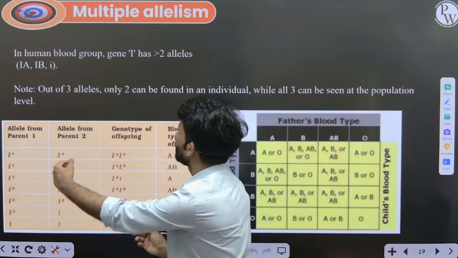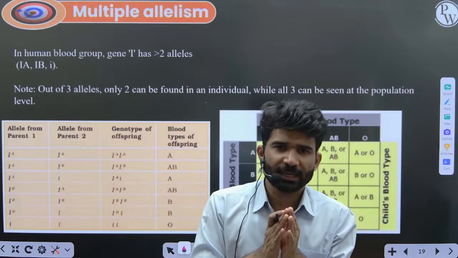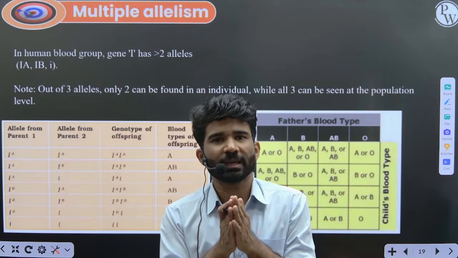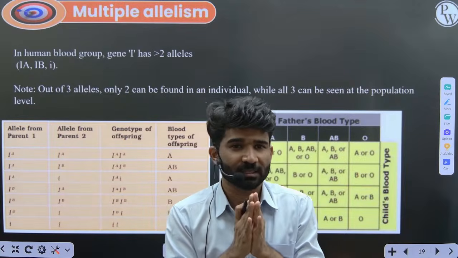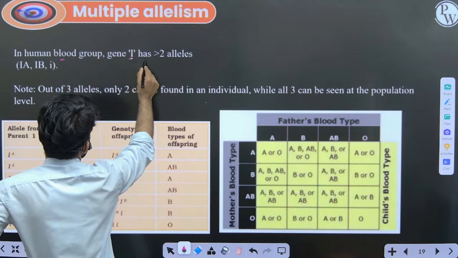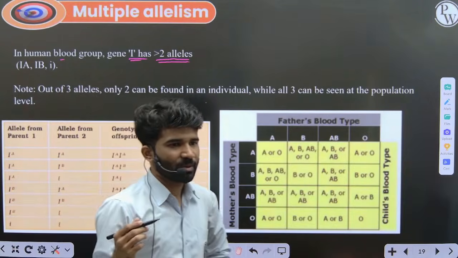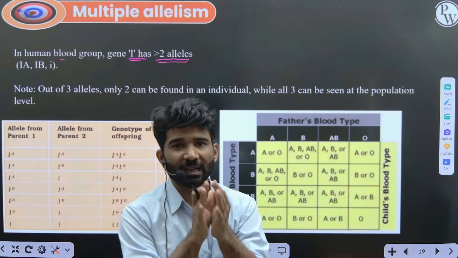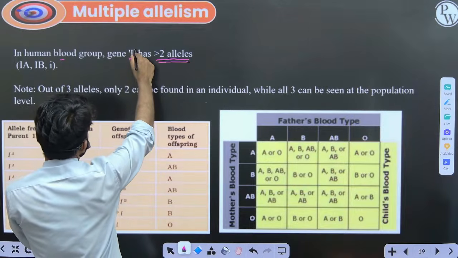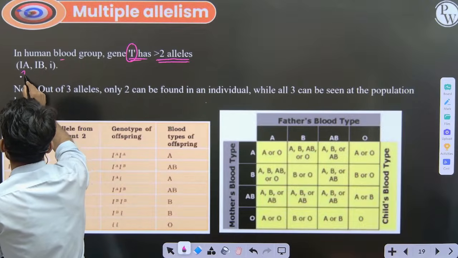That is the multiple alleles concept. The name itself says it. All the characters have two sets of chromosomes, so that's why we have a pair of alleles. Each and every pair of chromosomes has a pair of alleles. But in the case of the human blood group, the gene I has more than two alleles: IA, IB and i.